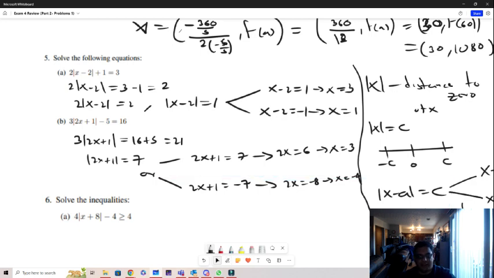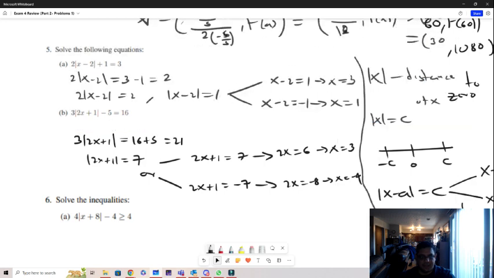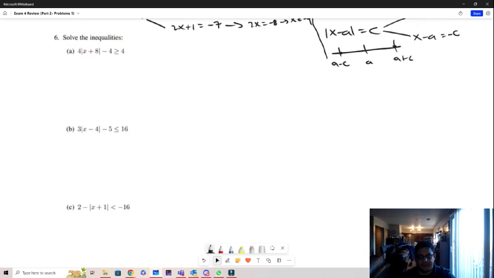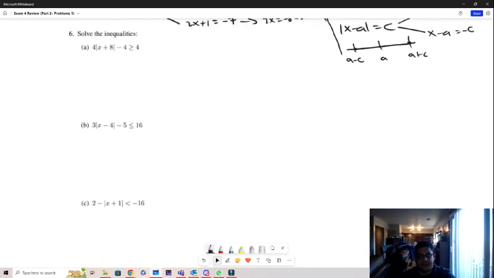Now when we have inequations, different things are going to be happening. So now let's go ahead and continue with the inequations. The inequations go by the rules of the absolute value. And you've got to remember, we're talking about distance.